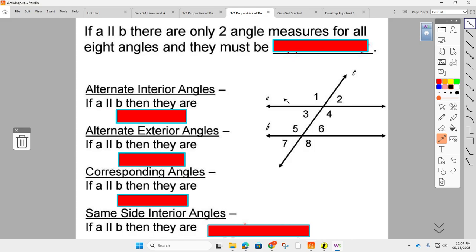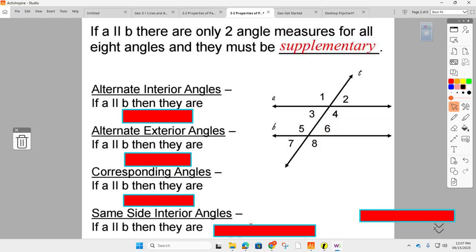We learned that on Friday. So all of these angles have a supplementary angle somewhere in it. So angle 1 has an angle it's congruent to, but it also has an angle that it would be supplementary to.